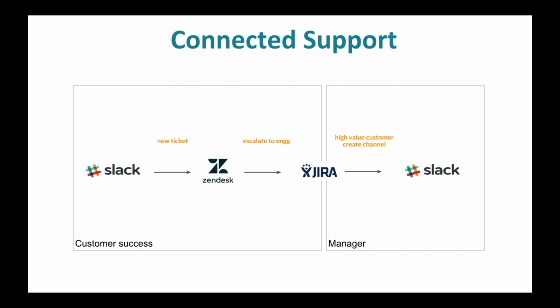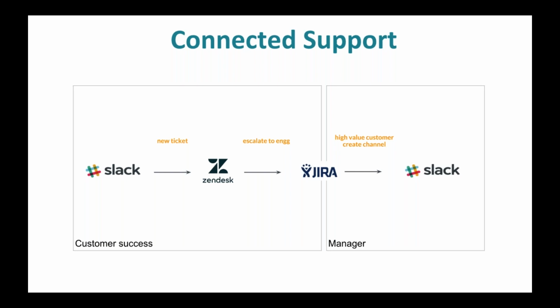The customer success team uses Zendesk for creating tickets and interacting with the rest of the company. And if you're like most product companies, you probably use JIRA for tickets that require some engineering involvement. That is the setup for this scenario.